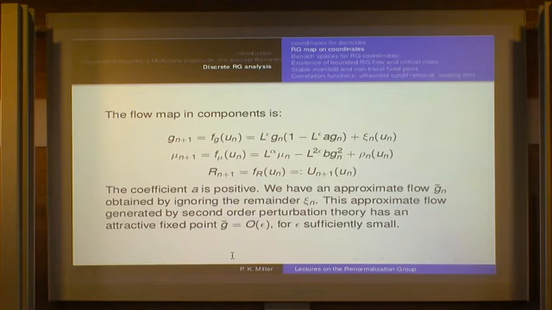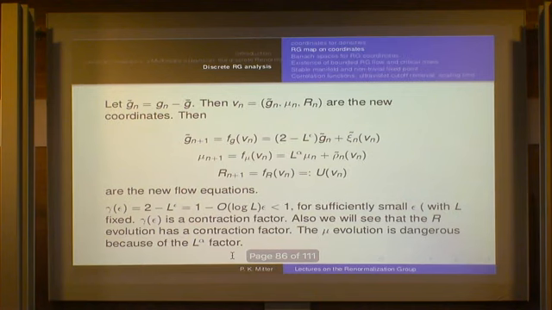Okay. Now, over here, the coefficient A is positive, and B is also, I believe, positive. I'm not sure. Yes, B. Not very important. So there is a fixed point.